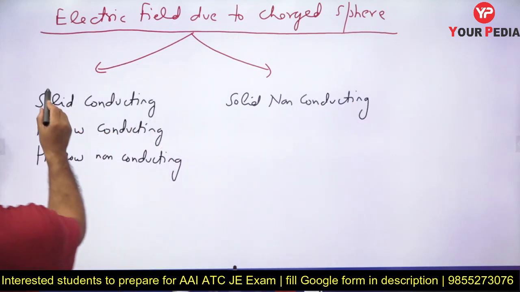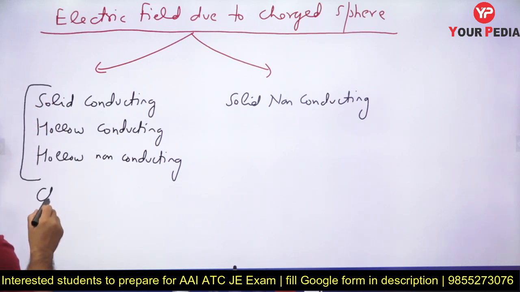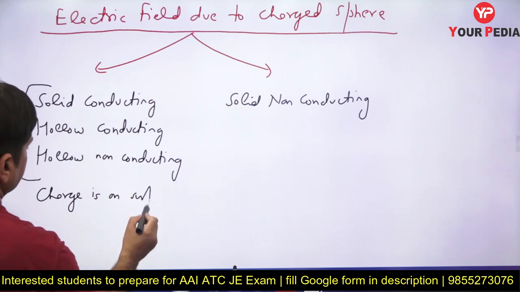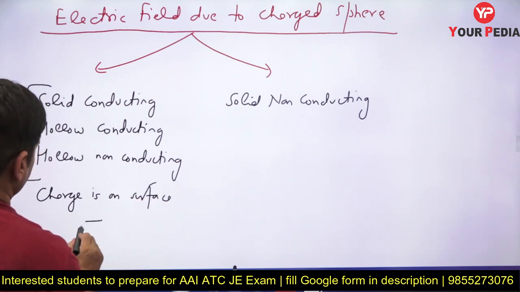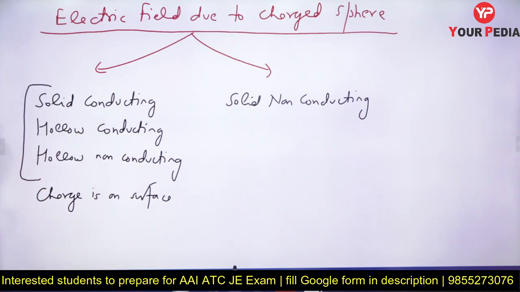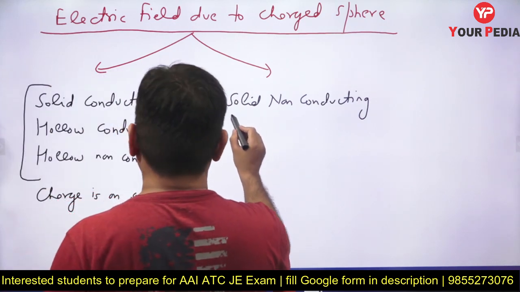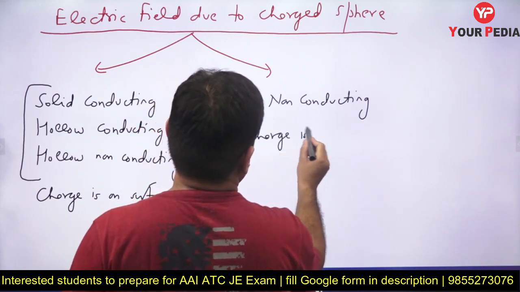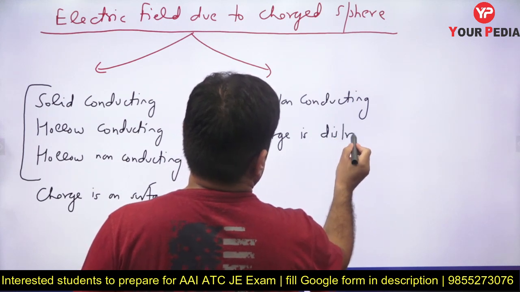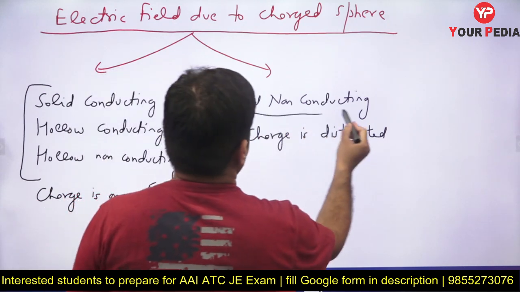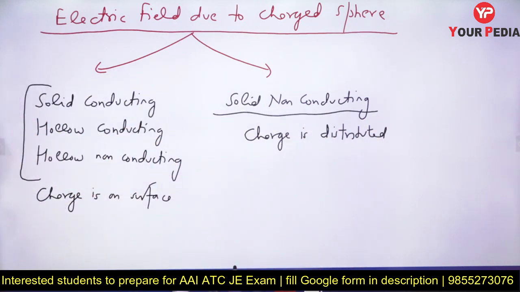So what is so special about this? The entire charge is located on the surface. And here, in this particular case, the charge is not on the surface, but is distributed in this spherical shaped body. That is how it is.